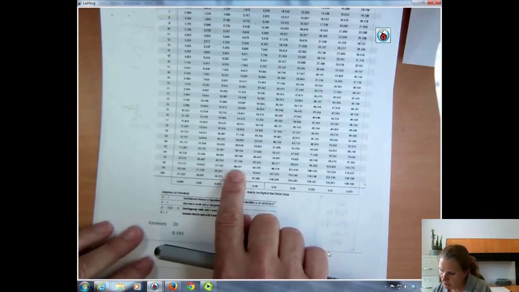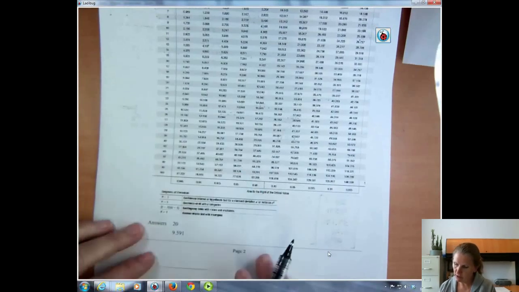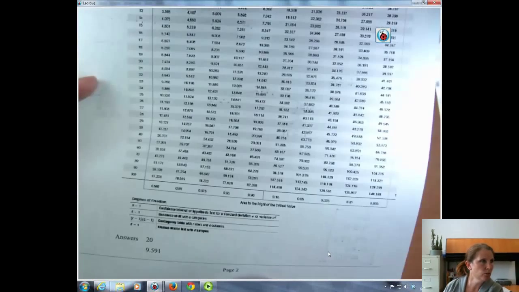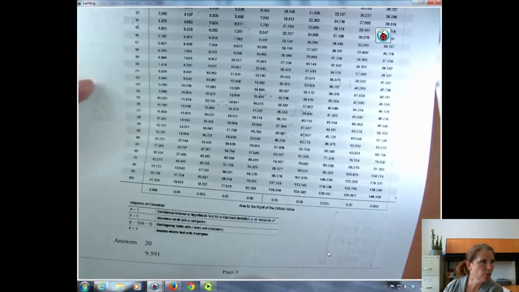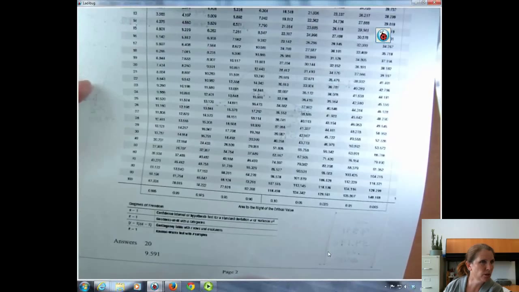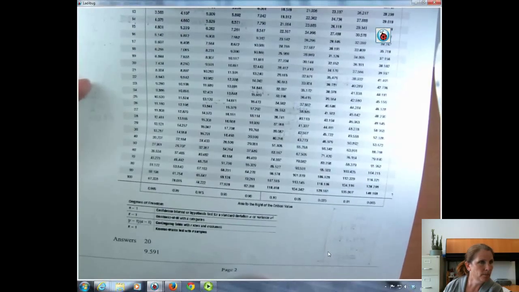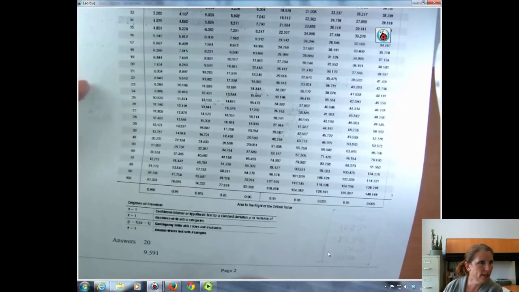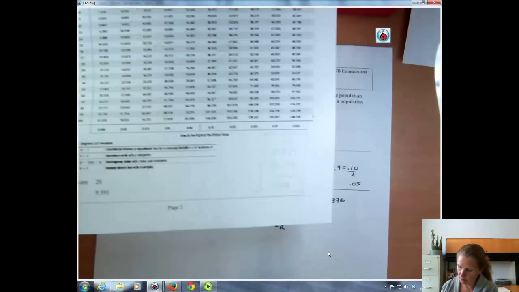This looks to me like 60.391. It's really hard for me to read that. I think it's 60.391. Maybe your vision would allow you to read that. 60.391 looks pretty good. All right. When I did this problem earlier, I didn't get the exact same answer that the computer got.